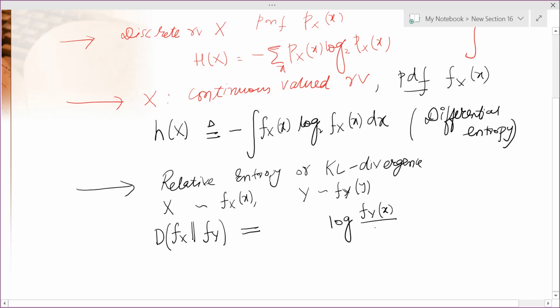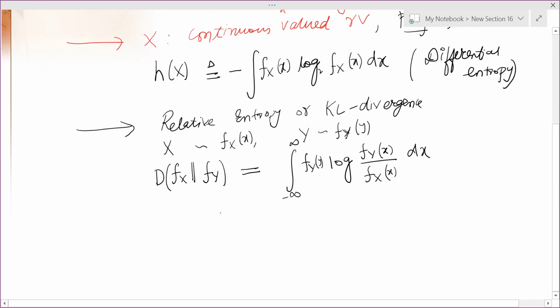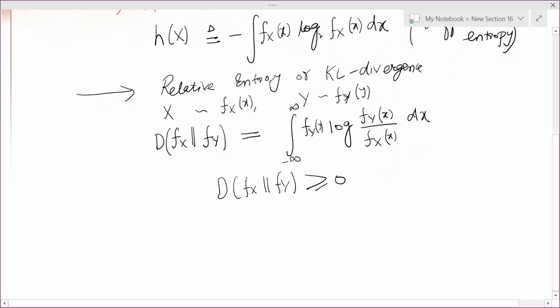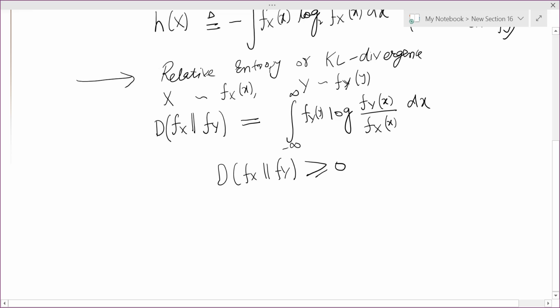This is just a dummy variable, fx of x, again fy of x, and instead of summation there will now be an integral, dx. Okay, so we know that this relative entropy is always non-negative. This result we have in fact proved. We can prove it in a similar way, so there is no difference at all.